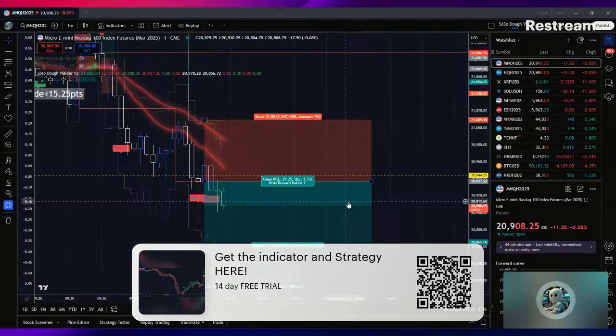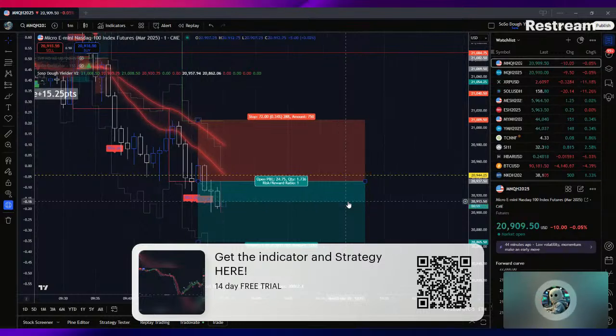So you close it right now and be up just a few points on the day. Break even day basically. I'm gonna let it play out, see what happens.